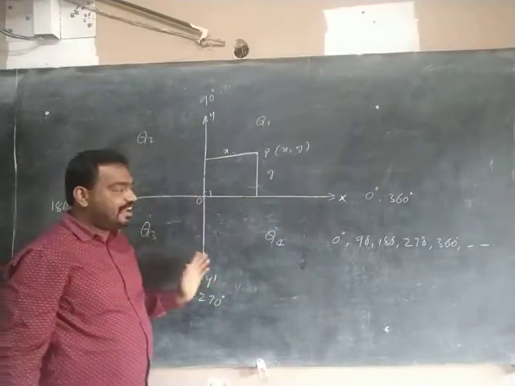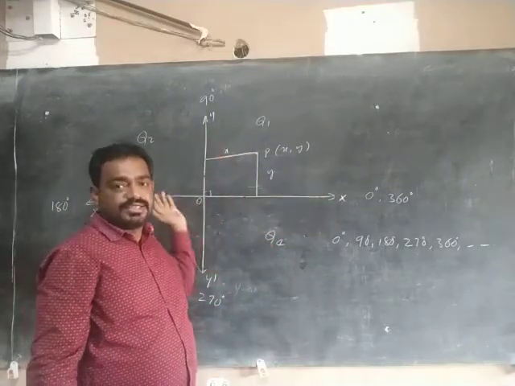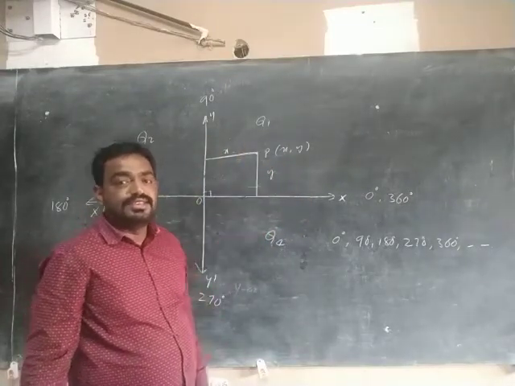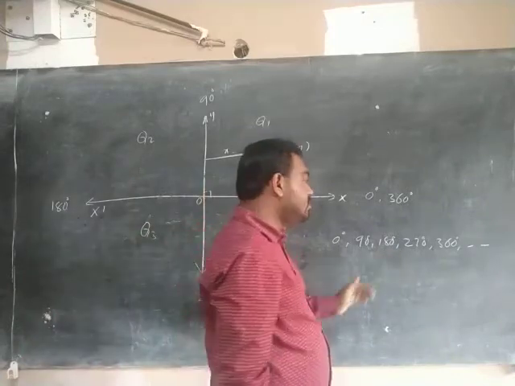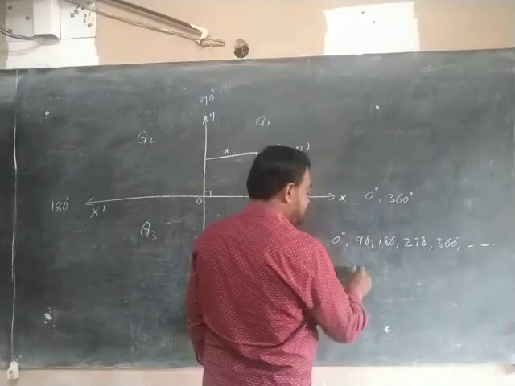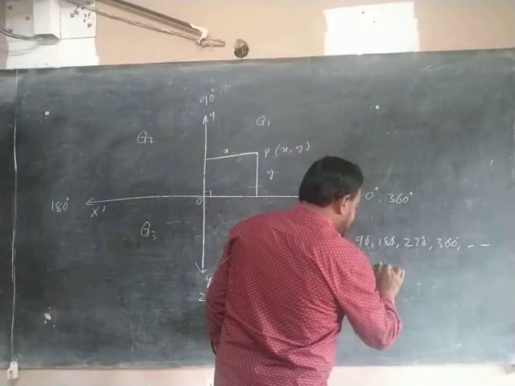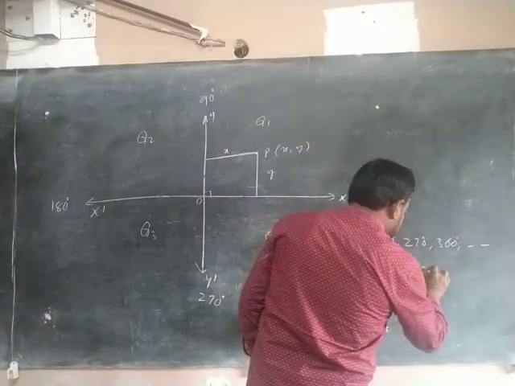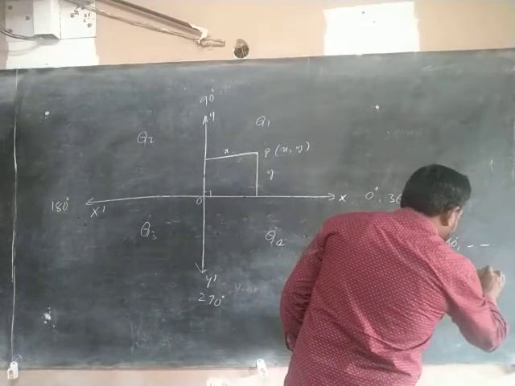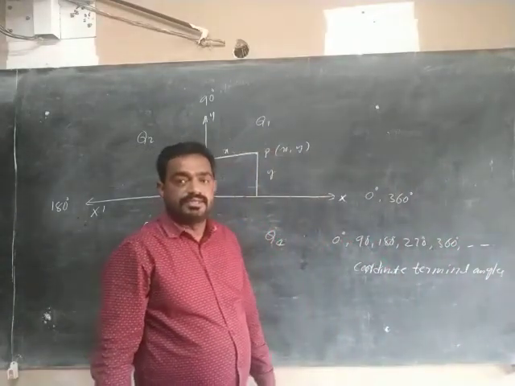So the angles which lie on the coordinate axes are called coordinate terminal angles.